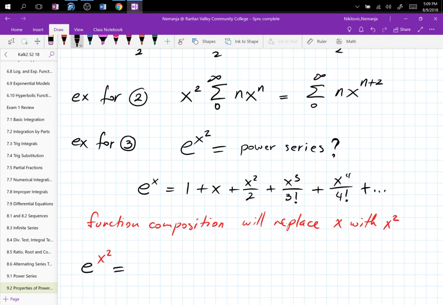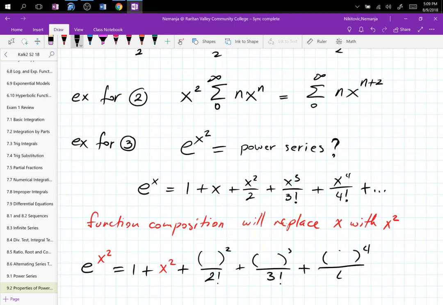On the right hand side, I have 1 plus, and now, instead of x, I have x squared, plus now I have the fraction, which will be something squared over 2 factorial, plus something cubed over 3 factorial, plus something to the 4th over 4 factorial, plus going forever. All of these somethings are x squared.